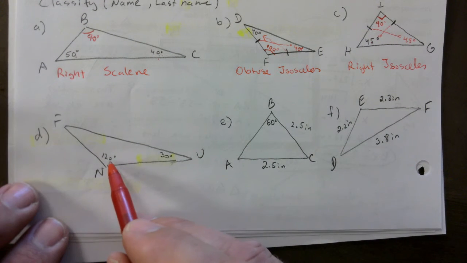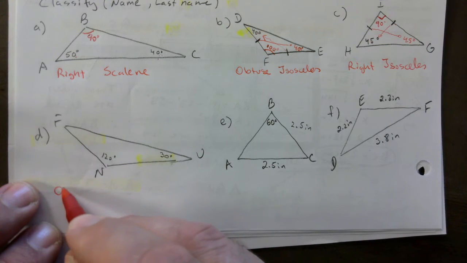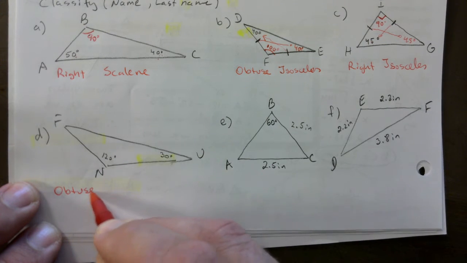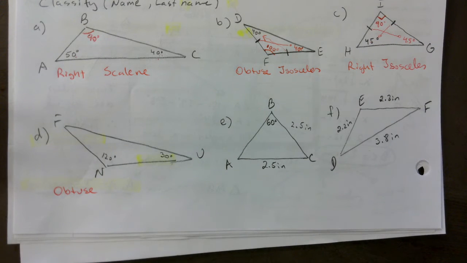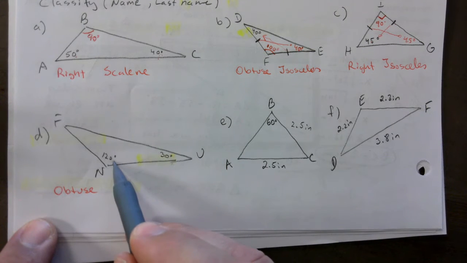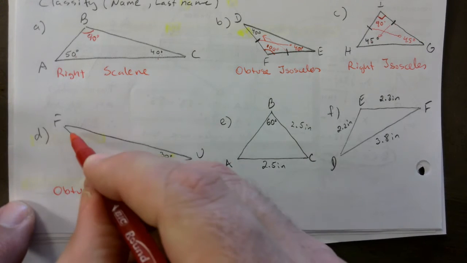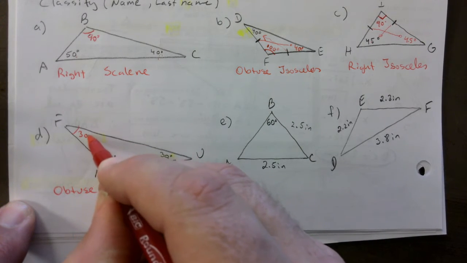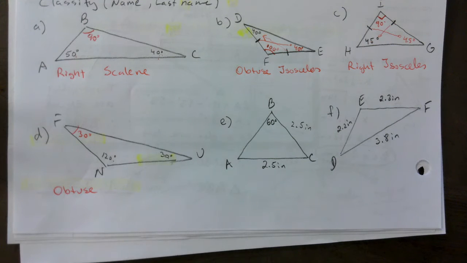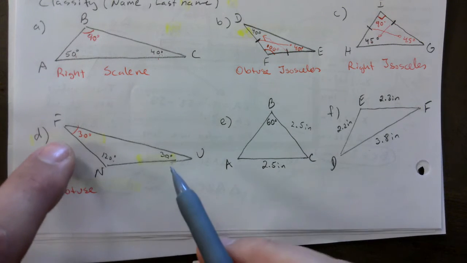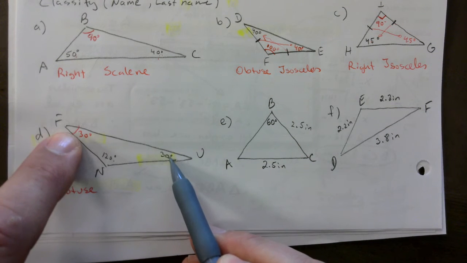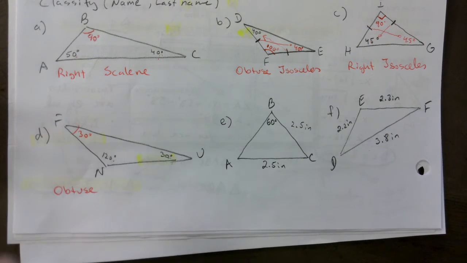Next, we know for sure this is obtuse. We don't even have to wonder about that. In terms of angle measure, it's obtuse. If this is 120 and 30, that's 150. So this must be 30, right? And what do you notice? Two angles that are the same.